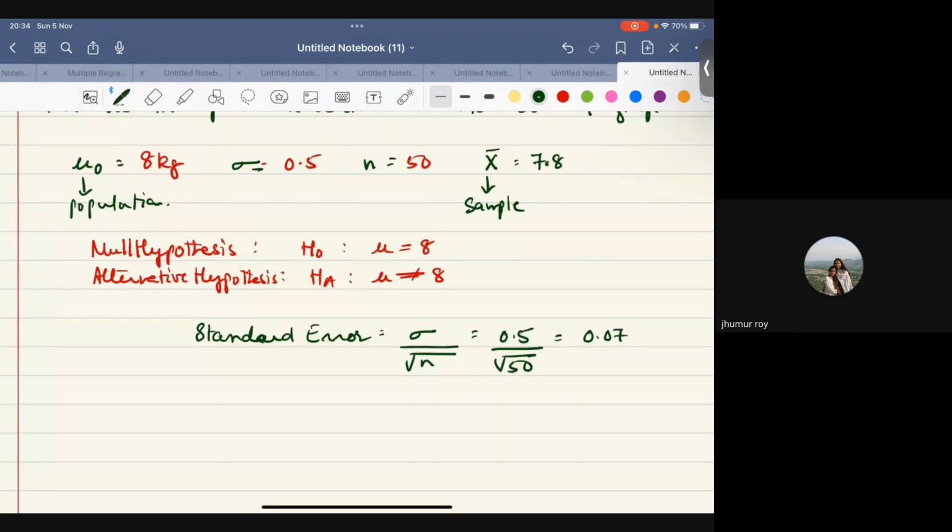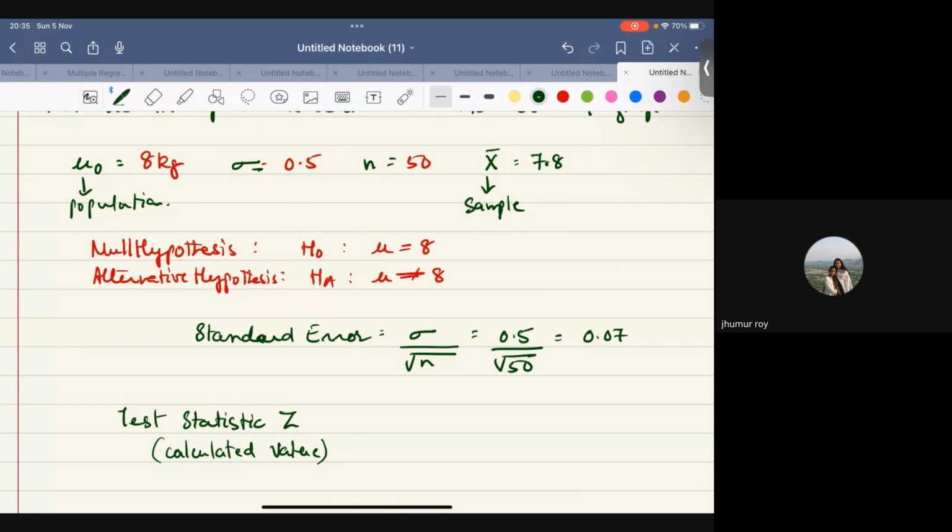What is the test statistic? Test statistic means the calculated value of Z. That means basically here this is called as the calculated value.